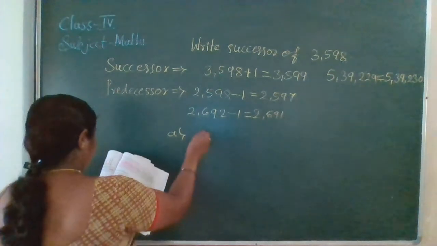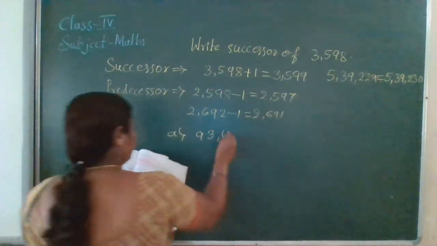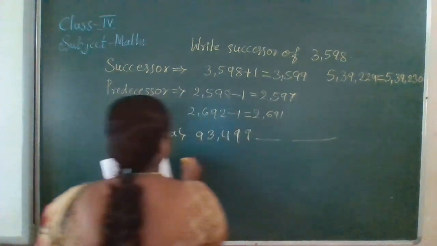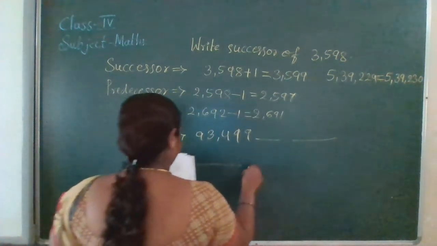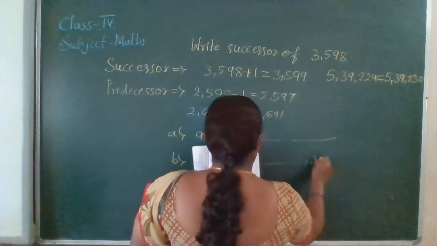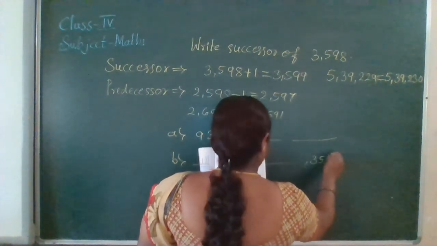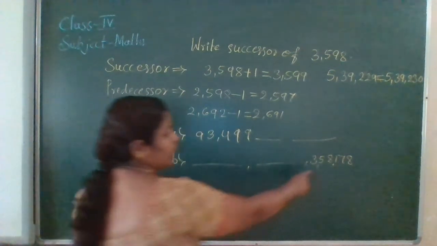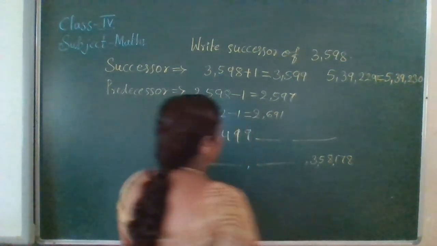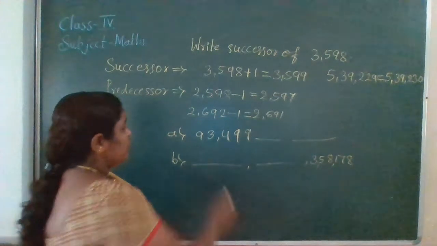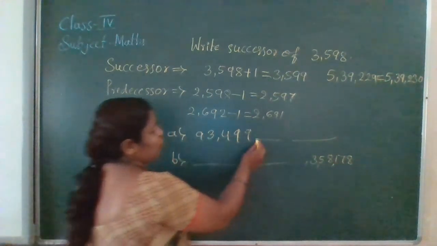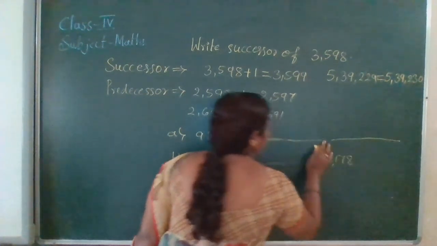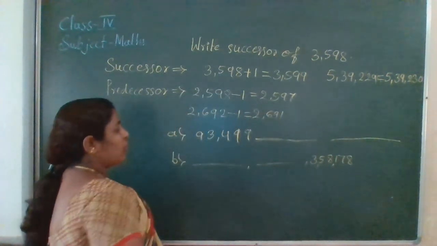A is 93,499, and B is 3,58,178. First one is A. What I have to do is write the next number of this.